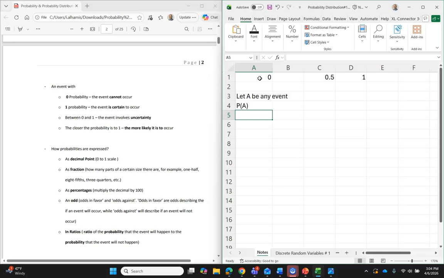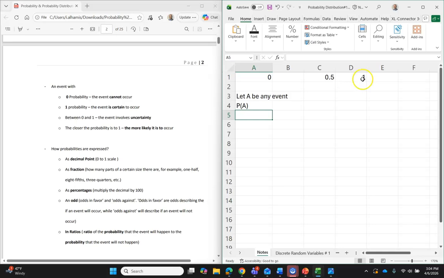So if, let's say, we have 0.5, that means the chance of an event to occur is 50-50. We have a 50% chance of the event to occur, and also there is another 50% of an event not to occur. So that's why we say an event with a probability value that is between 0 and 1 involves uncertainty.